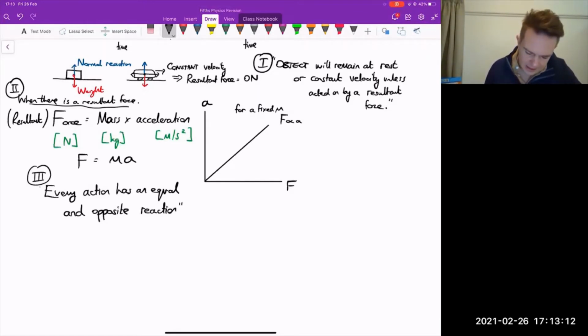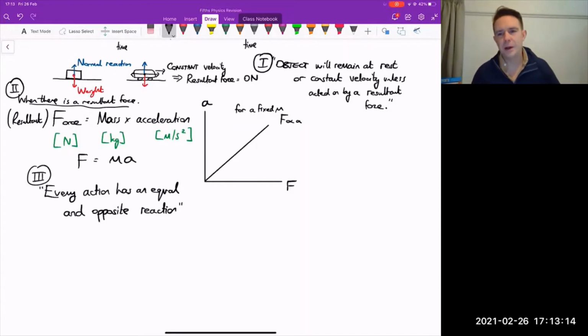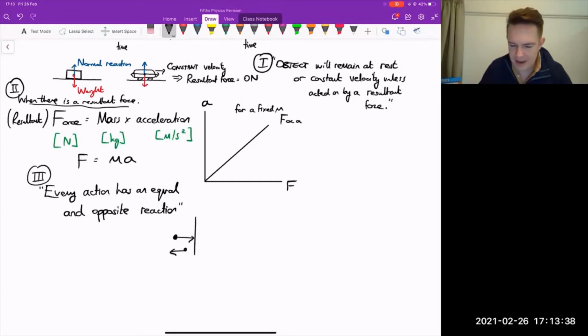So if I punch the wall, then I exert a force on the wall, but my hand also feels a force from the wall. If you've been doing gas laws recently, and you've talked about pressure in a gas, you will have discussed, or you will discuss if you've not, when a molecule bounces off the wall and changes its velocity, it applies a force onto the wall.